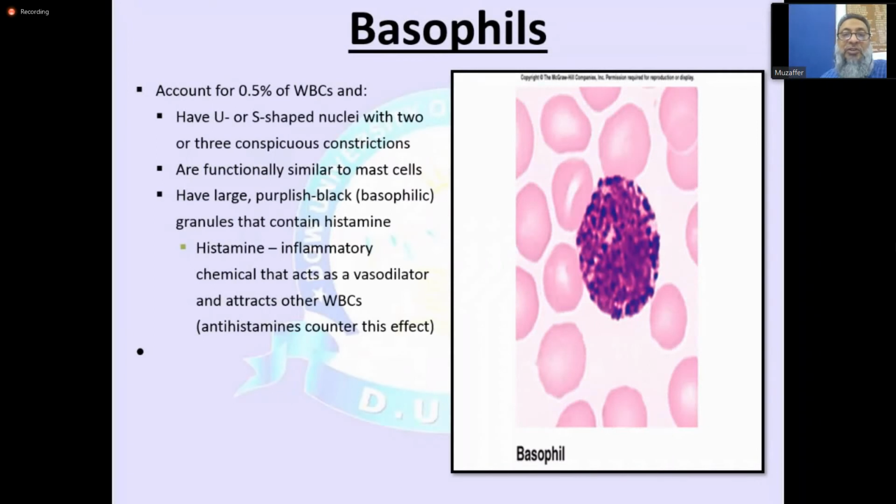That may lead to shock, hypovolemic shock, and this may even lead to the death of the person if it is profuse. But to avoid that, to control that, we use antihistamines to counter this effect.